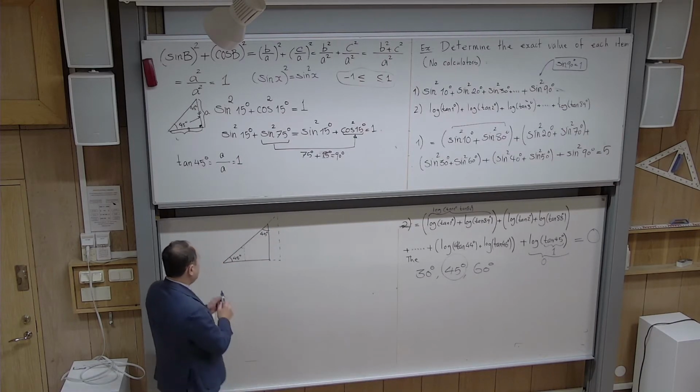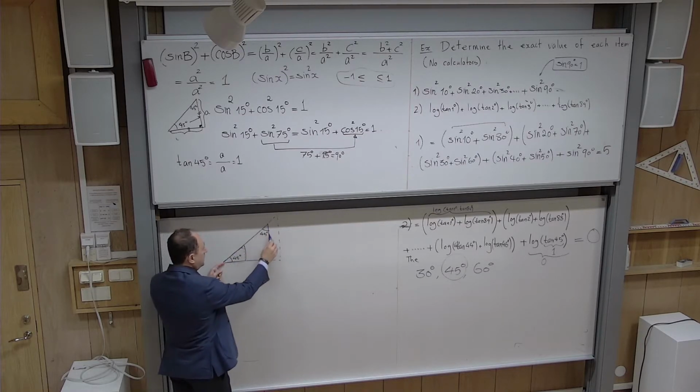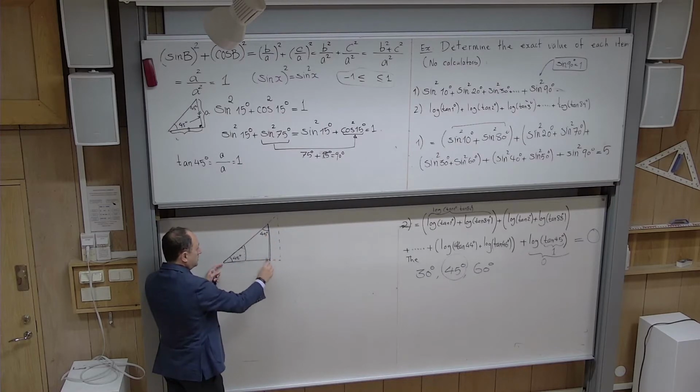And then if I take this one for sine, okay, these two sides are involved. Oh, sorry, not these two sides. This one and the hypotenuse. If I take this one for sine, then this side and that side are involved.